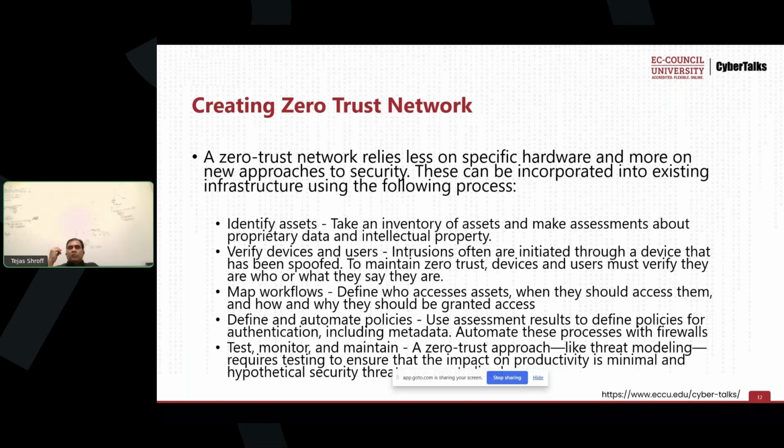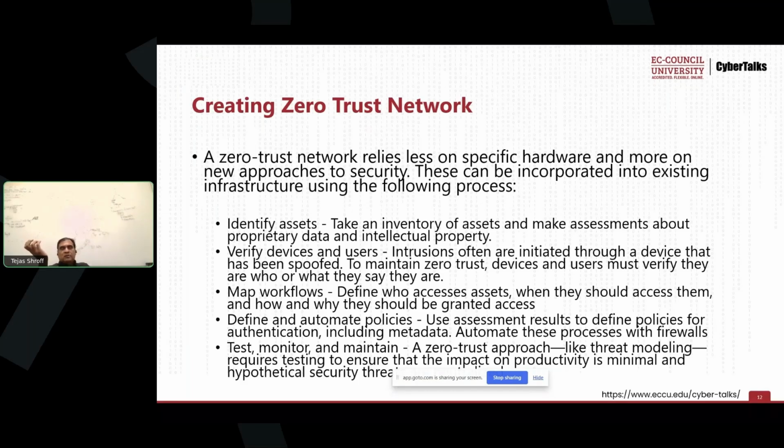You identify what could be the threats and you try to put controls around it, which could be compensating controls, which could be preventive, corrective, detective controls to make sure that you are able to address those threats and you can nip them before they become big.